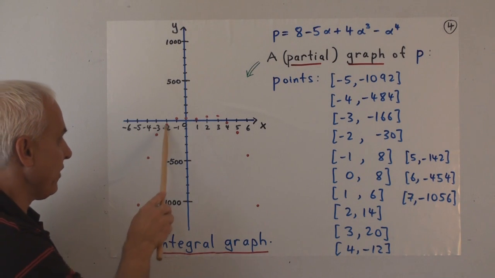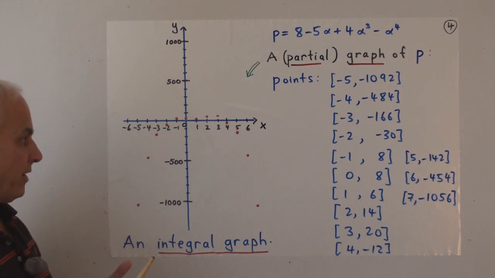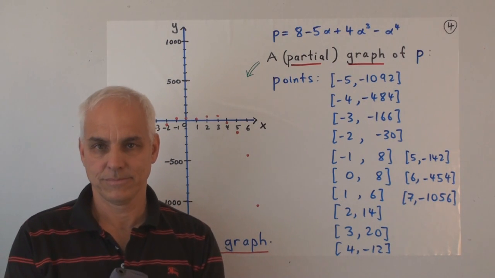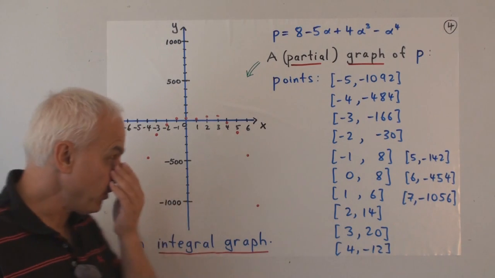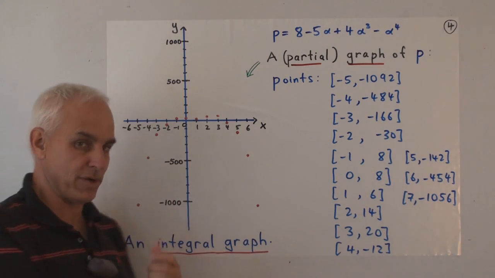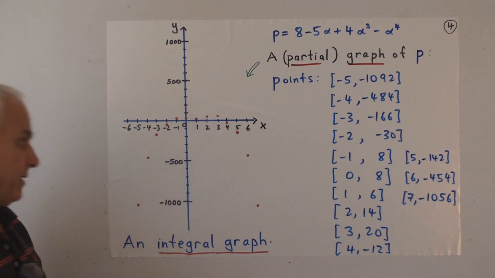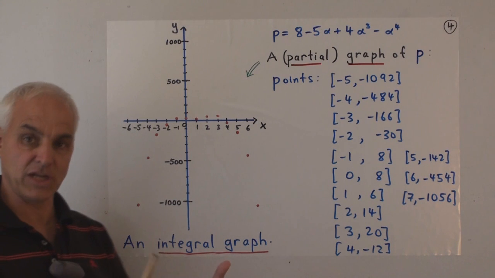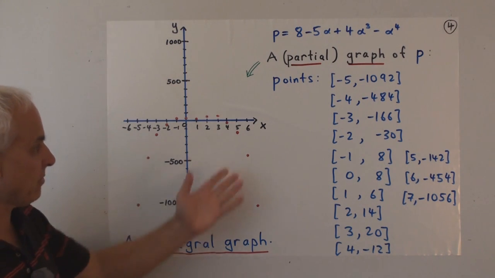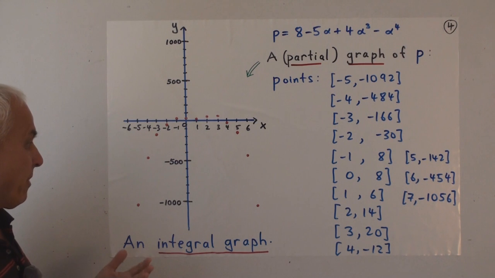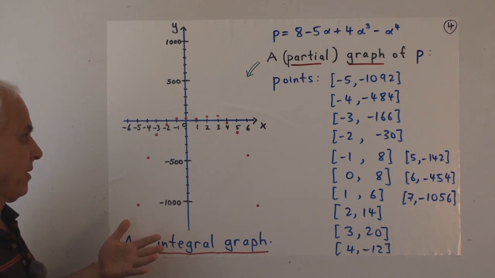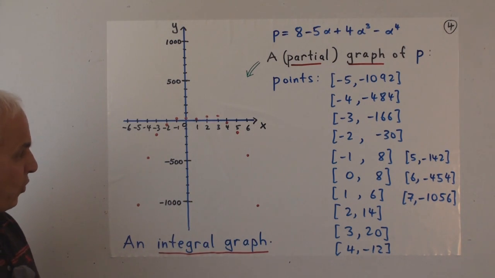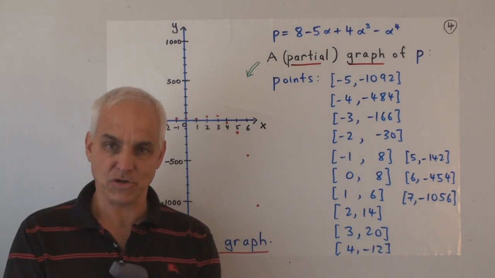So these various points that we've drawn now are, in some sense, a picture of this polynomial. Now you might not be used to that kind of picture. You might be used to a more continuous picture. But if we're working over the integers, which we can suppose we're at least initially doing, then this is a very reasonable picture, because in our minds, there are only integers. And we're just plotting various integer points. Of course, we're not plotting a lot of integer points.